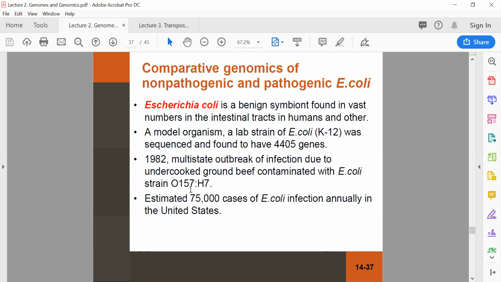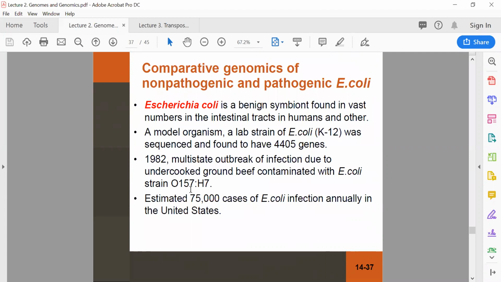It can cause some pretty serious infections, and in particular, a fraction of people that are infected with O157 develop a disease called hemolytic uremic syndrome. And in this disease, the red blood cells start being destroyed and the kidneys can fail. So this is potentially a life-threatening disease.